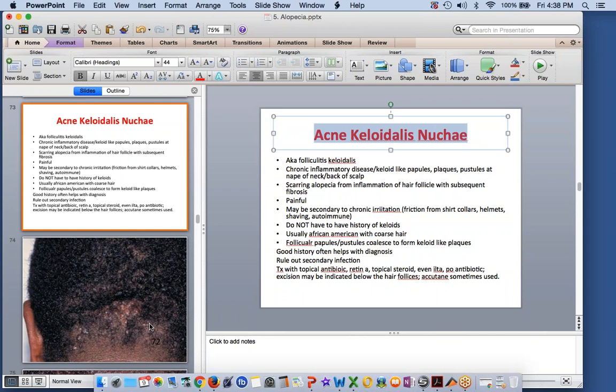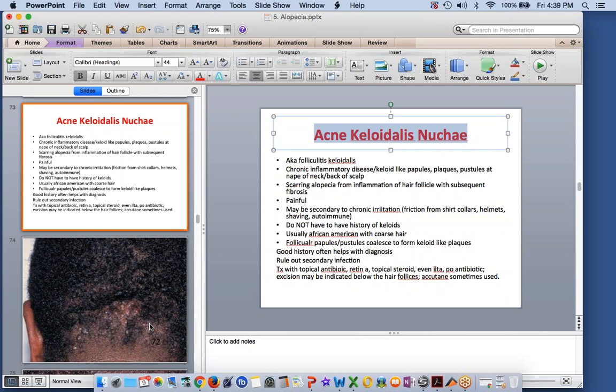And the trick to this, when you treat it, is to make sure that the patient's neck is not shaved so close to the skin. And the other thing is, what I do is I numb these patients with a mixture of lidocaine and a little intralesional steroid injected into each of these follicles, and then I shave these little tiny lesions with a blade, and I cauterize it, or you could cauterize it.